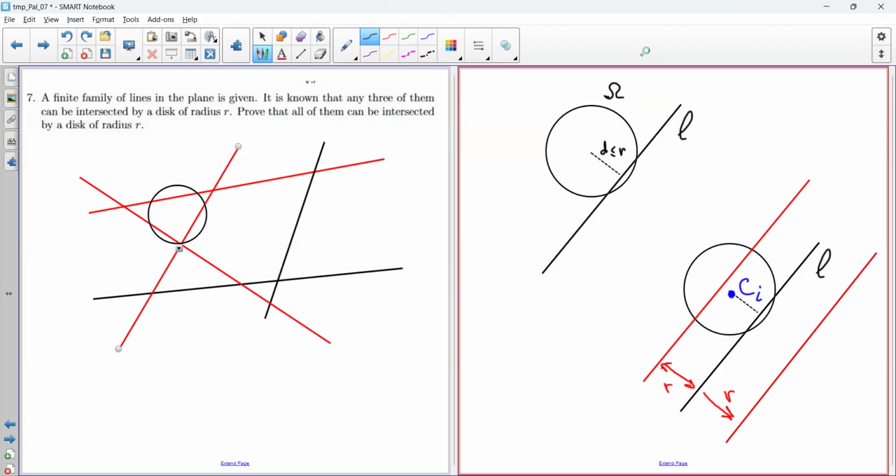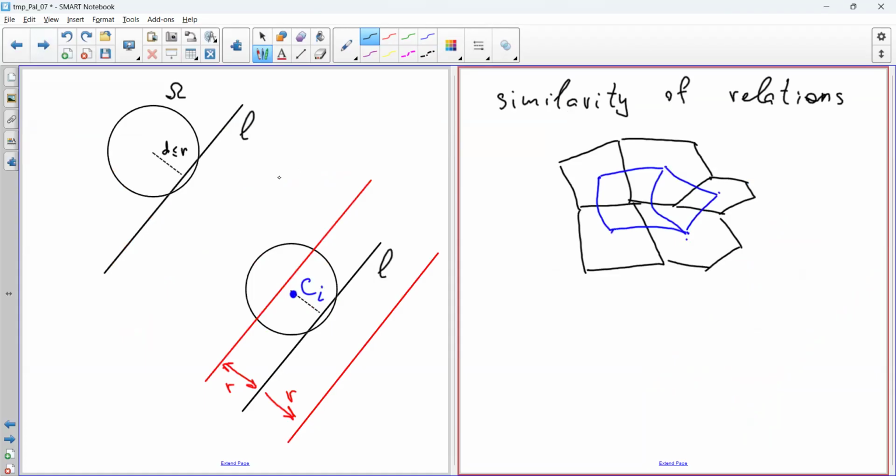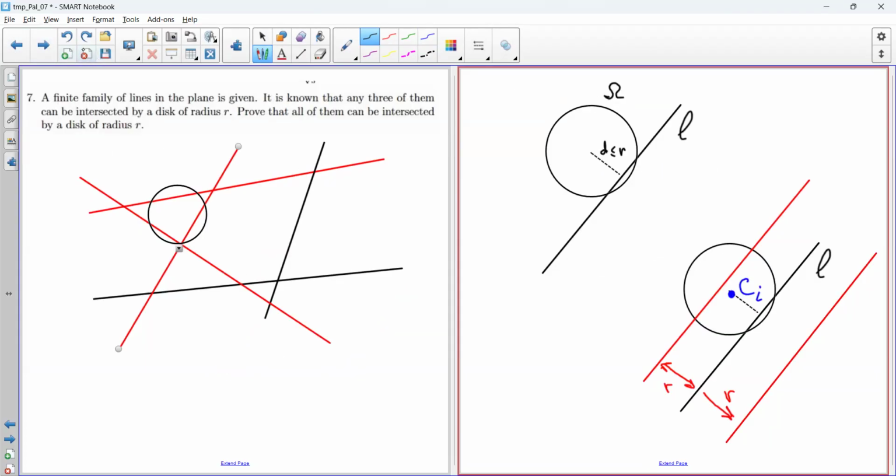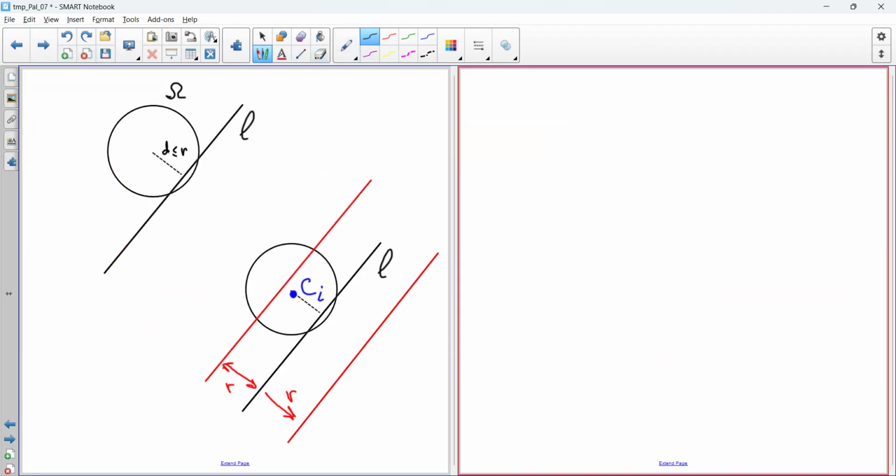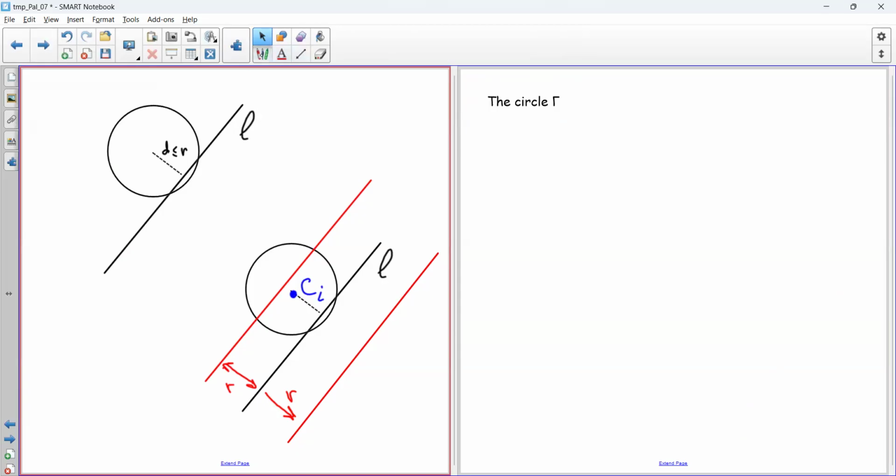So the statement, or observation, because it's quite a simple statement: the circle, let it be gamma instead of omega. Gamma is in the Russian alphabet, so I can use my keyboard.